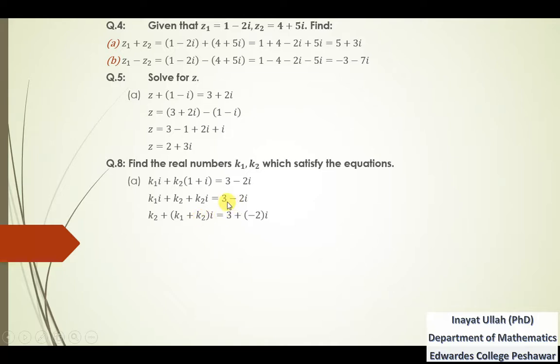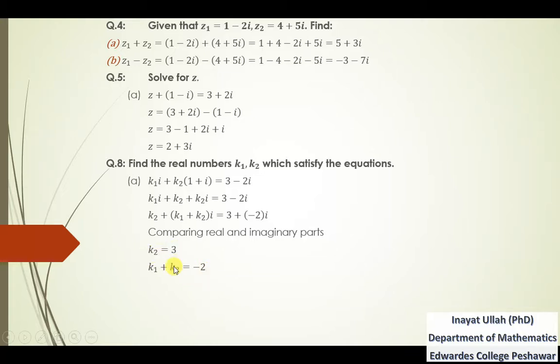And just look at this, we can write this 3 minus 2 iota as 3 plus minus 2 iota. Now comparing the real and imaginary parts, k2 is equal to real, k2 is equal to 3, so that is the value of k2, and k1 plus k2 is imaginary, which is equal to minus 2, so k1 plus k2 is equal to minus 2.